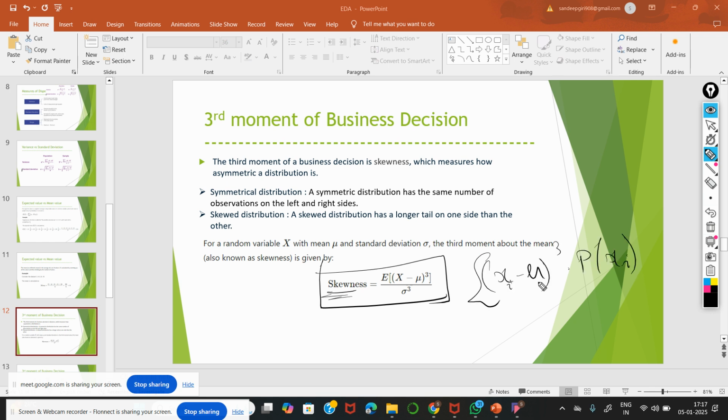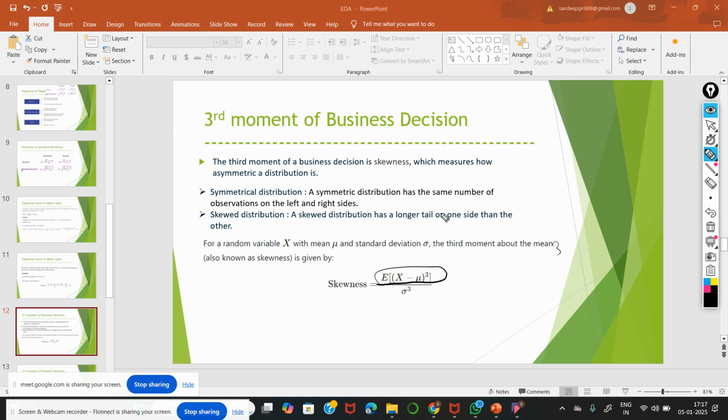Okay, before that you have to calculate mu, you have to calculate the probability and you have to go and multiply it, you have to take the summation of it. A very big process. Is it required to do? No, it is not required to be done. Even no one is going to ask you to expand it and completely do the task. But before that you should be knowing it. Okay, and divided by sigma cube. And how to remember this formula?